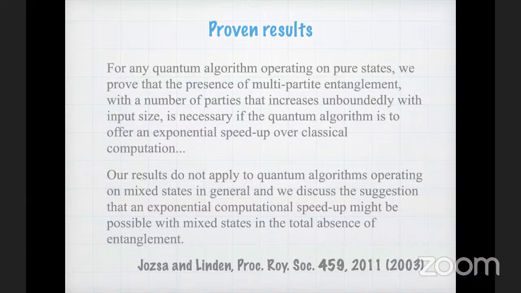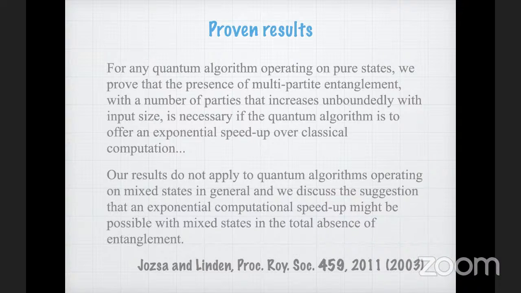Because if the entanglement does not grow with the problem size, then you can always construct a hypothetical classical computer which will simulate the quantum algorithm efficiently. Therefore, the quantum algorithm in that case can be no better than the classical computer itself.